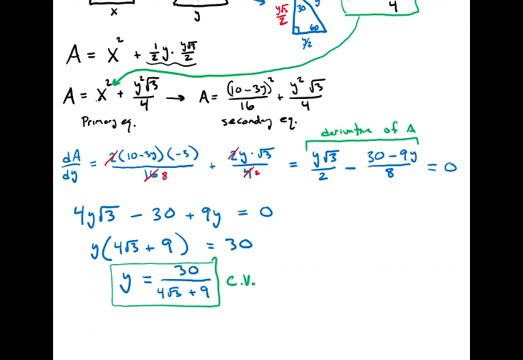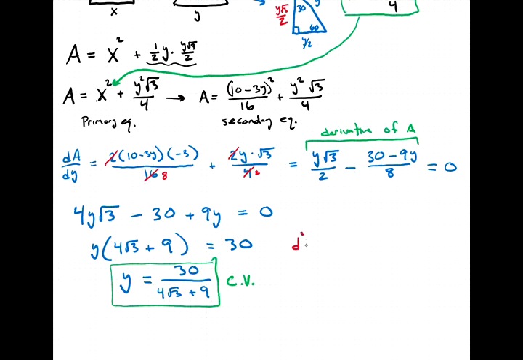So now we have to make sure this critical value is a minimum. So I'm going to apply the second derivative test, because taking the second derivative is pretty easy in this case, because all we're going to use is the constant multiple rule. So let's switch to red for the derivative.